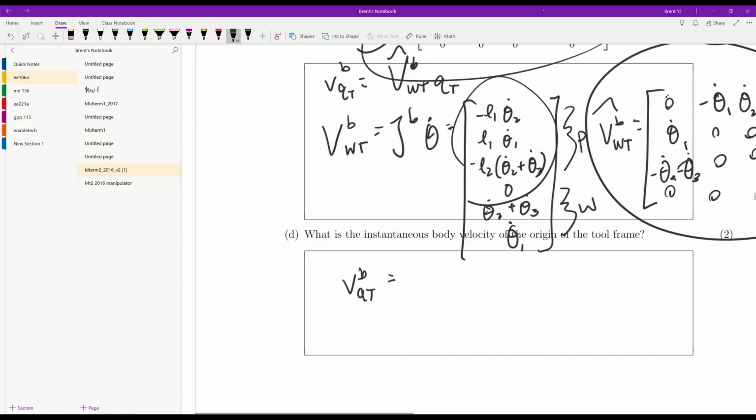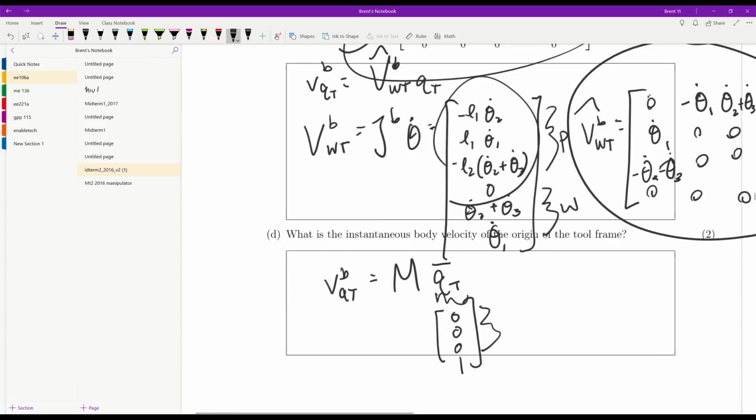Multiplied by QT. Where QT here is 0, 0, 0, 1, because it's the origin of the frame expressed with respect to that same frame, right? So we just get all zeros at the top, and then a 1 to make it homogeneous. And then to make this a little more accurate, I can add a line up here to indicate that it's homogeneous.